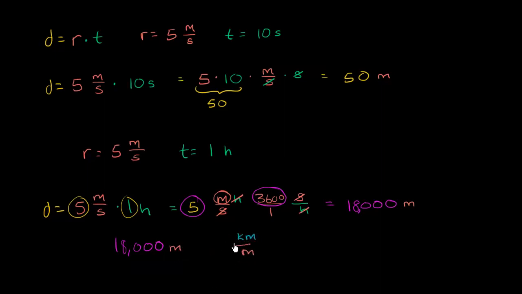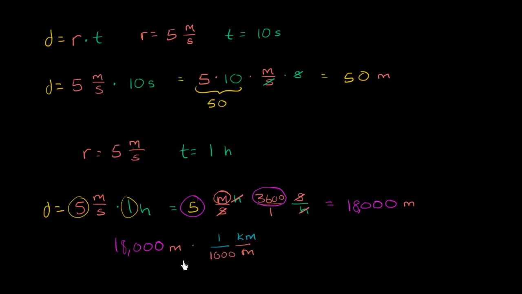So what can we multiply it by so we're not really changing the value? Well, we want to multiply it by essentially 1. So we want to write equivalent things in the numerator and the denominator. So 1 kilometer is equivalent to 1,000 meters. So one way to think about it, we're just multiplying this thing by 1. 1 kilometer over 1,000 meters, well, 1 kilometer is 1,000 meters, so this thing is equivalent to 1.